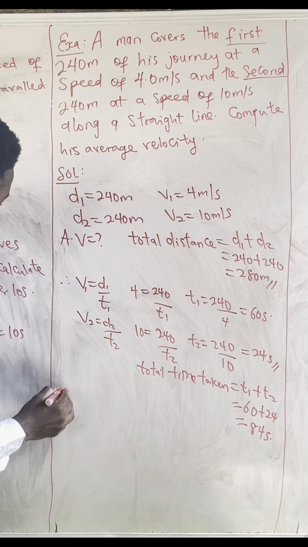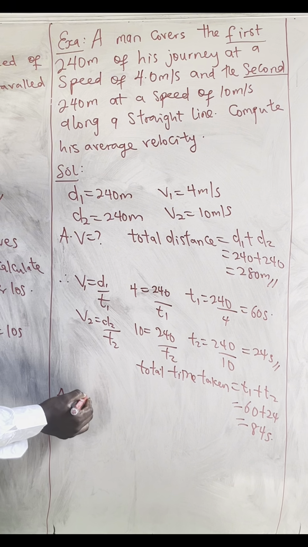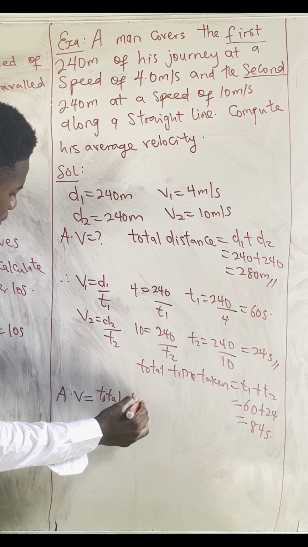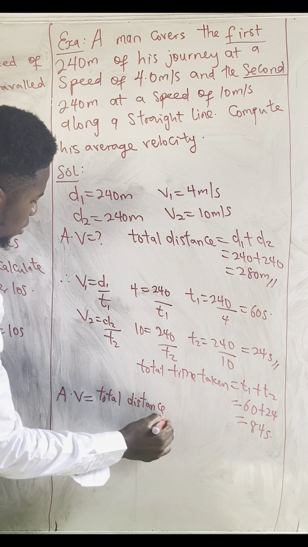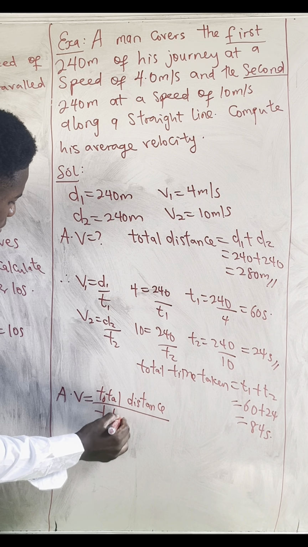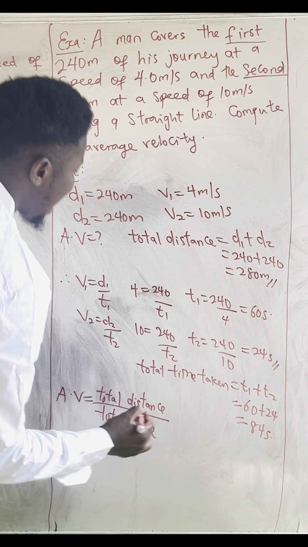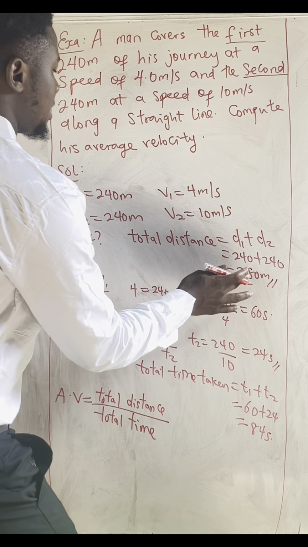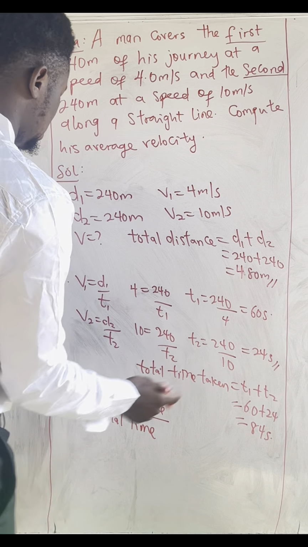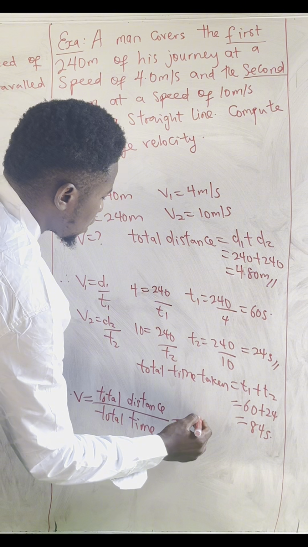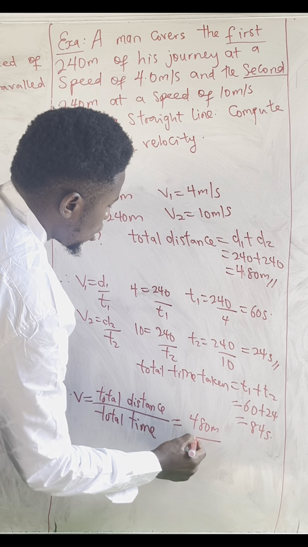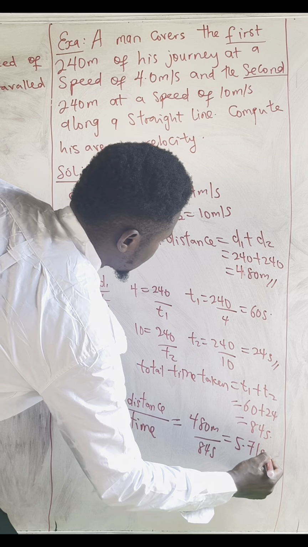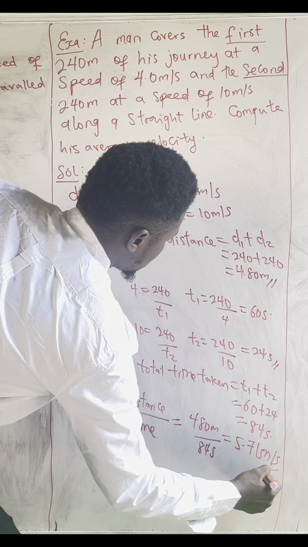So therefore, average velocity is total distance all over total time. That will equal 480 meters all over 84 seconds. That is what? Meters per second. So that is that.